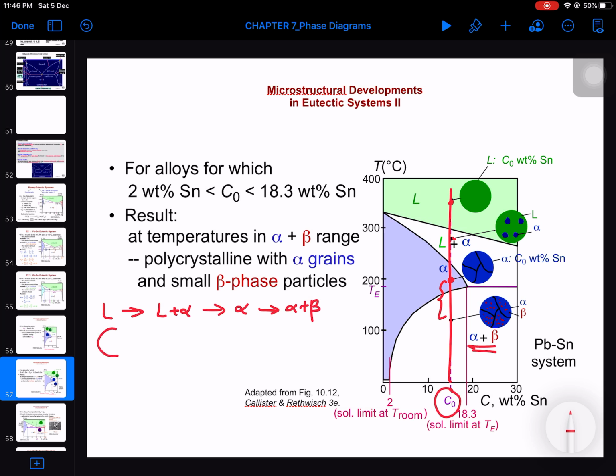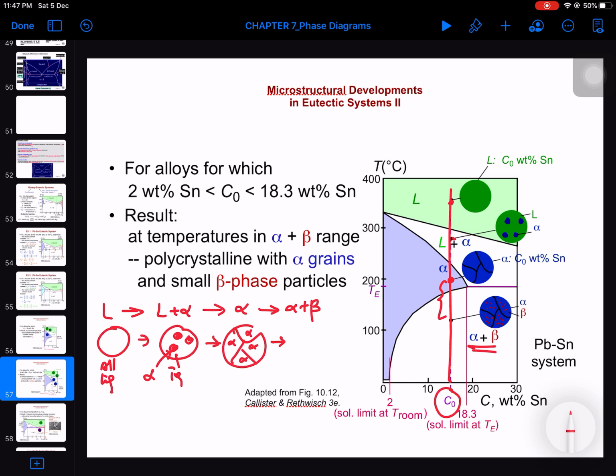From liquid, it's 100% liquid, and then it goes to liquid plus alpha again. It will start to solidify some of the solids. So it's alpha and the remaining is liquid, and then it goes to alpha, meaning the solidification is already completed. But some transformation can also happen even though the solidification is already completed.